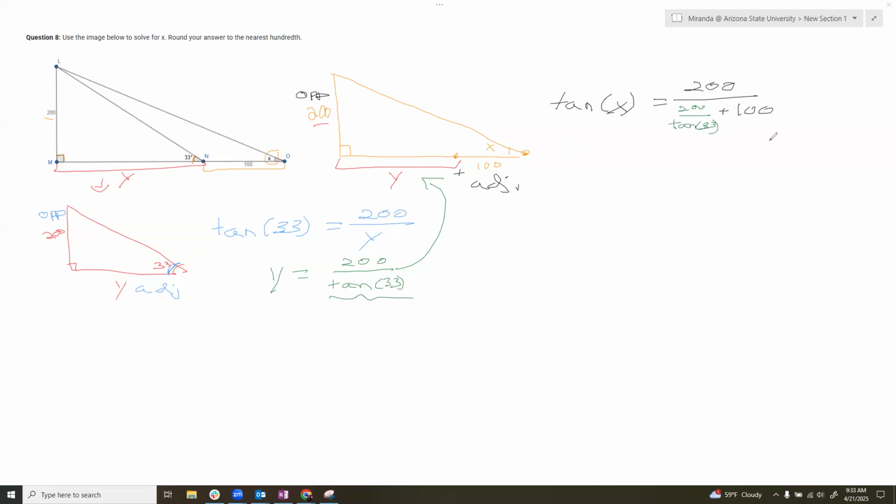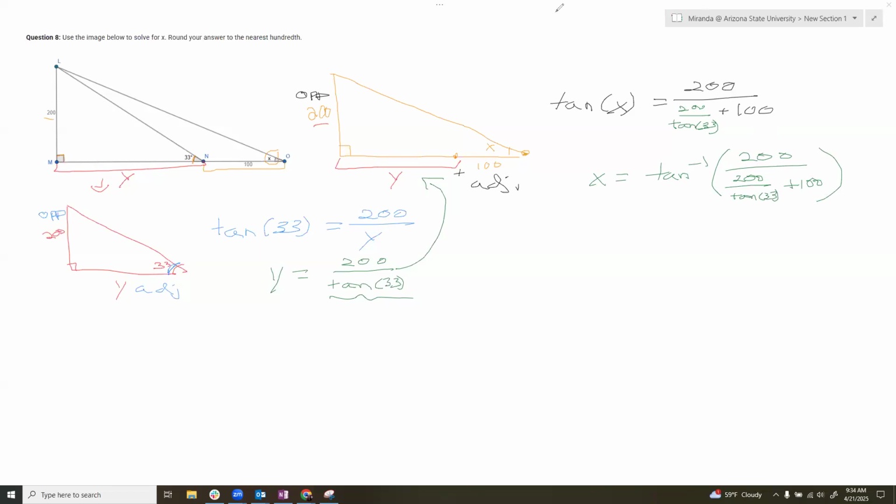Here we have this complex fraction, but it's okay because everything is going into our calculator. To find an angle, we have to use the tan inverse key. So I'm going to do tan inverse of 200 divided by the quantity 200 over tan 33 plus 100. Each of our pieces is opposite over adjacent.